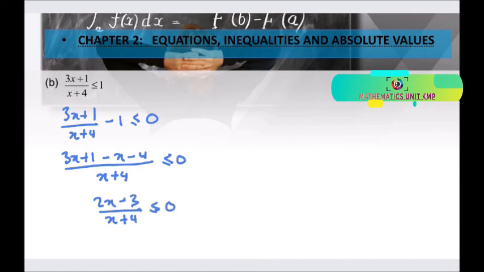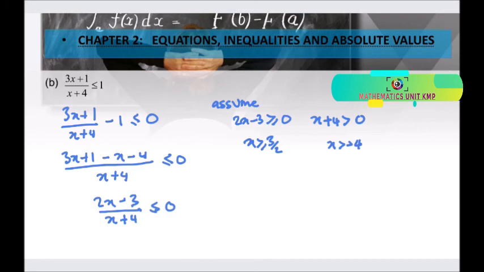To use real number line, assume that 2x minus 3 greater or equal to 0 for the numerator and x plus 4 greater than 0, not include equal. Okay, so we will get x greater or equal to 3 over 2 and x greater than negative 4.